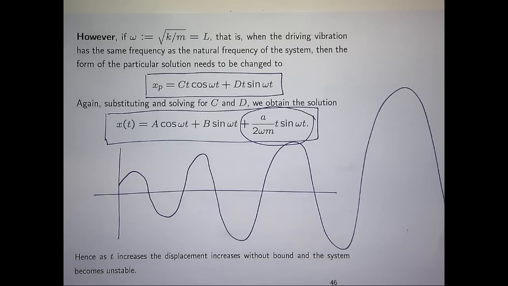Anyone know the term for this kind of behaviour? Resonance. Okay. Although some people argue about what the meaning of resonance really is, in a real basic setting, this is, I believe, an example of resonance.